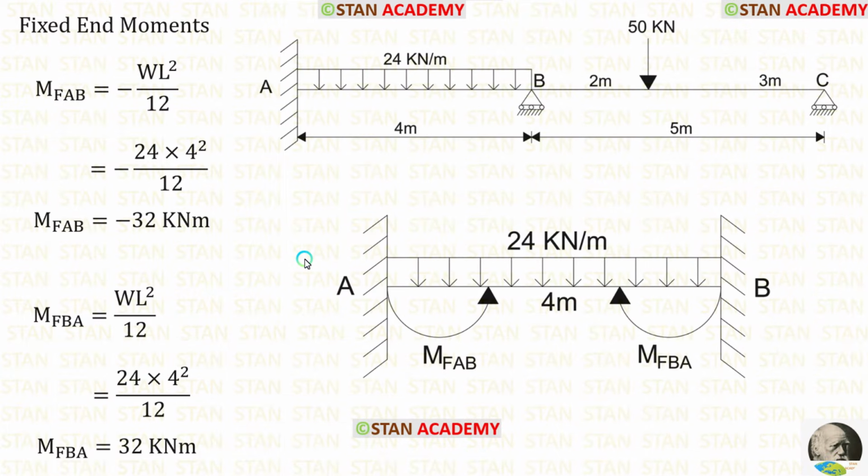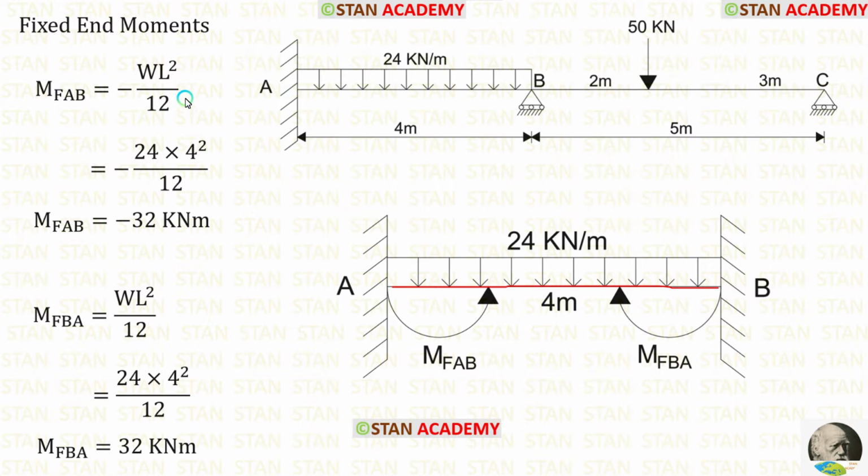Now let us apply those formulas and find out the fixed end moments. M of AB will be negative because it is acting in the anticlockwise direction. M of BA will be positive because it is acting in the clockwise direction. In the span AB, UDL is acting for the full span.